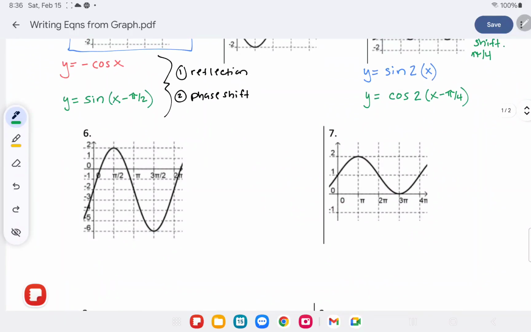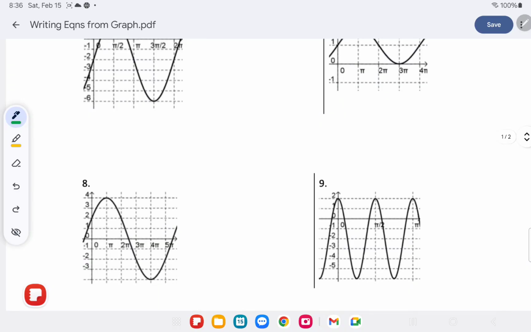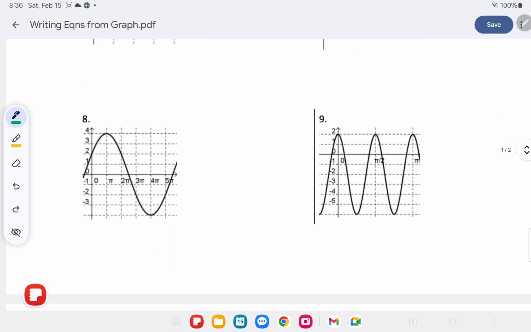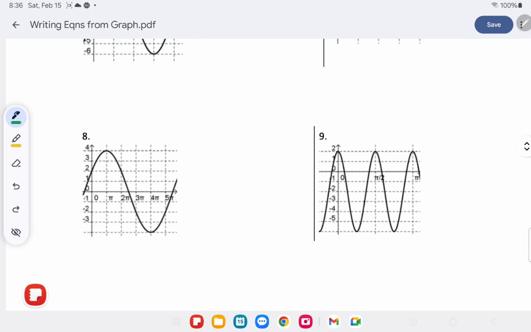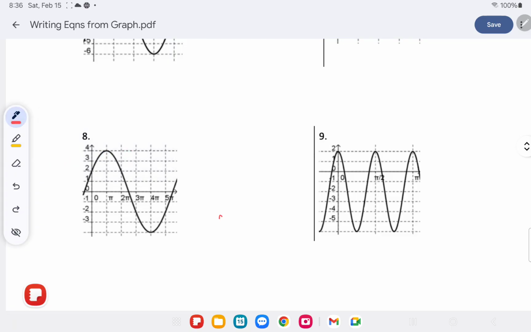Let's try another one where we do have a vertical shift. Which one do I want to do? Let's skip all the way down here to number 9. So this one, our midline does change. Let's see. We're going from -6 to +2. So our midline is right in between those.